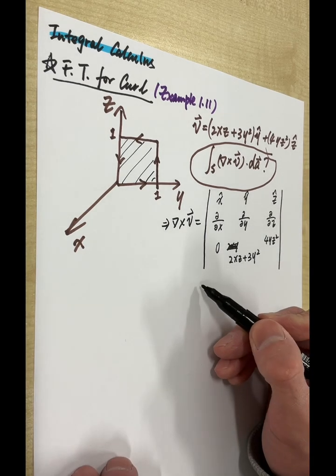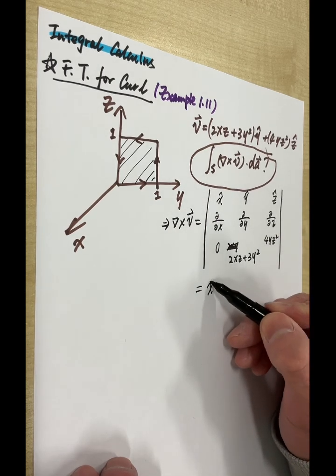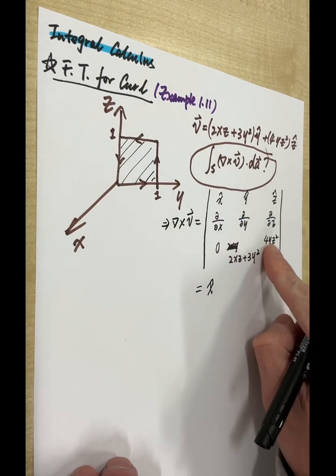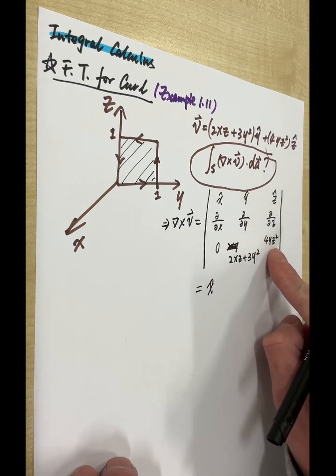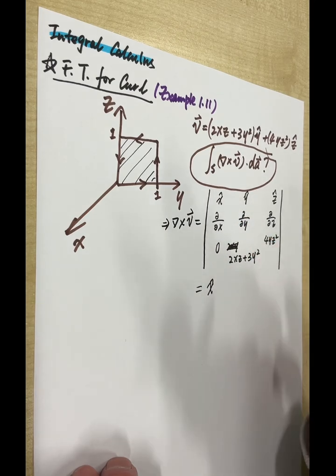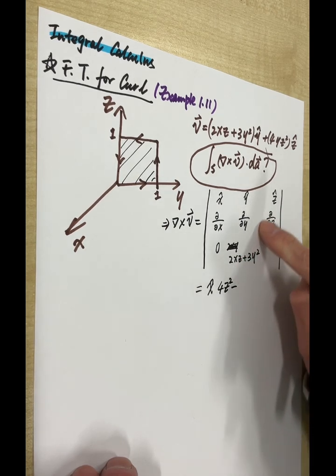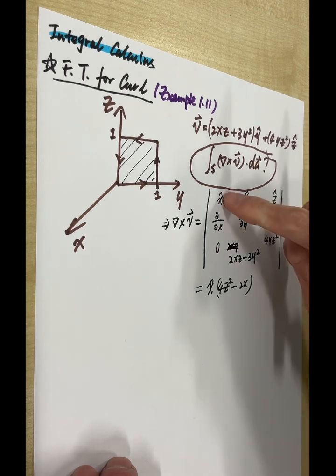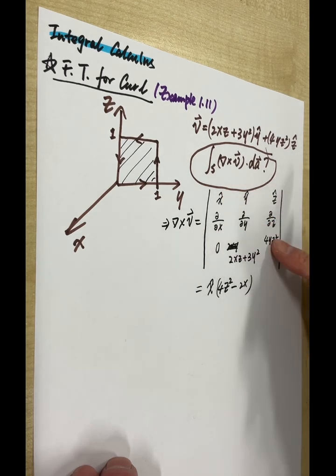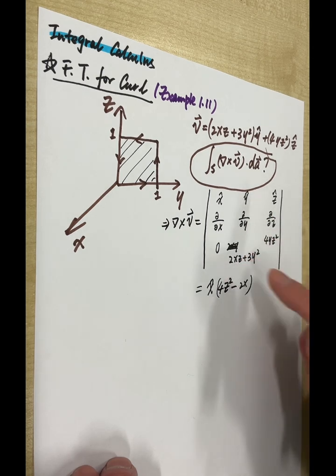So this one gives us, for the x direction, this term here gives us 4z squared, and then this term here gives us 2x. So that's for the x direction, 4z squared, and this gives us 2x.